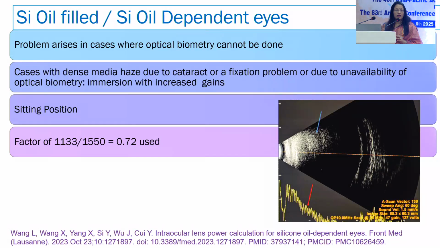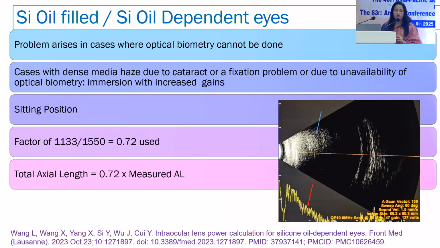But if silicone oil of 5000 centipoise has been used, the velocity you need to feed in is 1133 or 1140. So we take a factor, 1133 divided by the velocity which has been fed in the machine. So we get a factor of 0.72, and that should be multiplied by the measured axial length to get the correct total axial length.